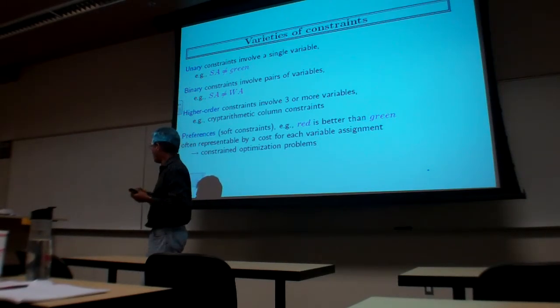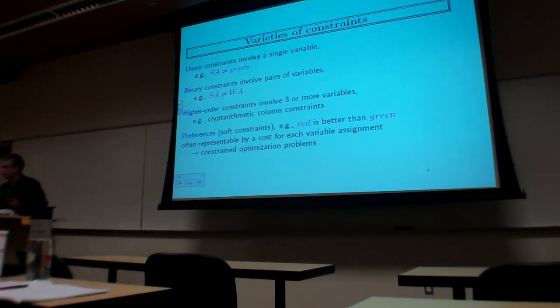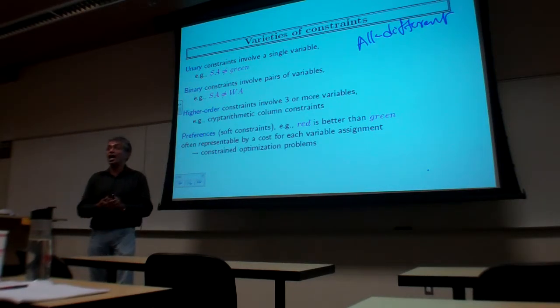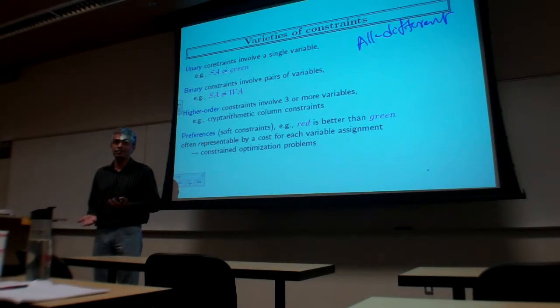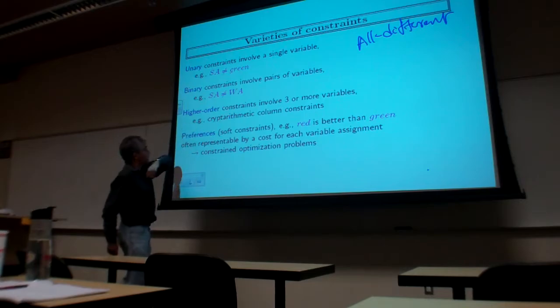In fact, a particular kind of global constraint that people in CSP would care a lot about is the all different constraint. Okay? If you have n variables and they all must have different values, then that's an all different constraint. Okay. So that's kind of another higher order constraint.